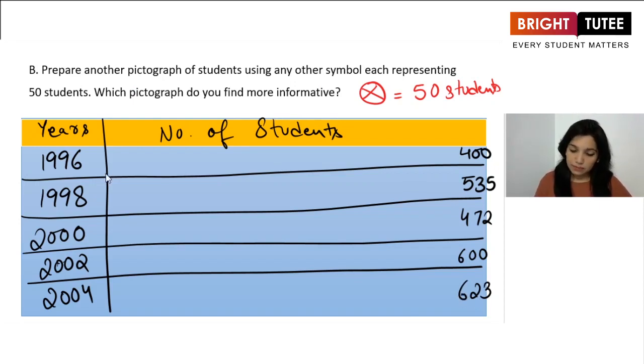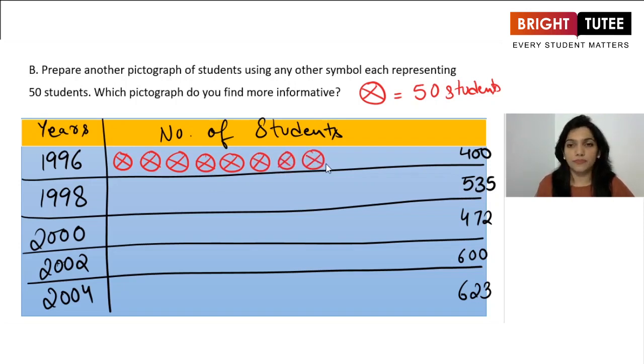Now, how many symbols do I need in 1996 to represent 400 students? So let us go by the 50 times table. So 50, 100, 150, 200, 250, 300, 350, 400. Clear?